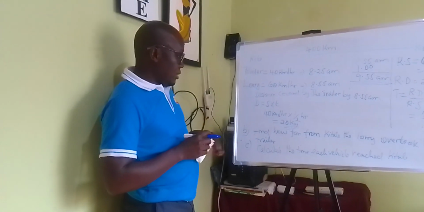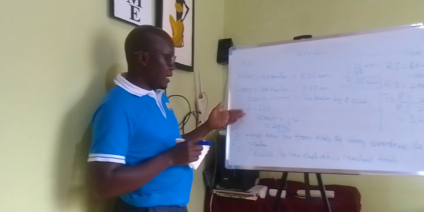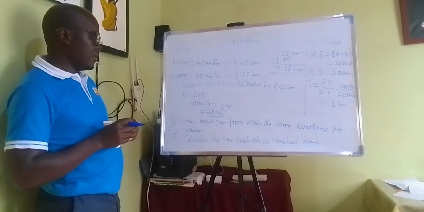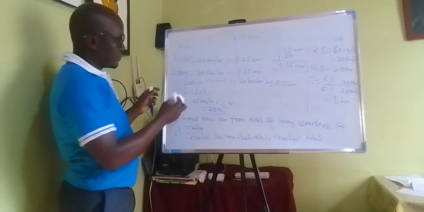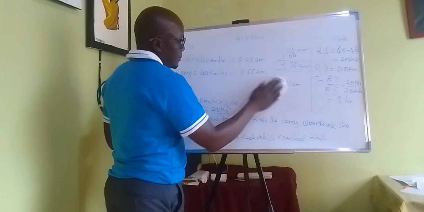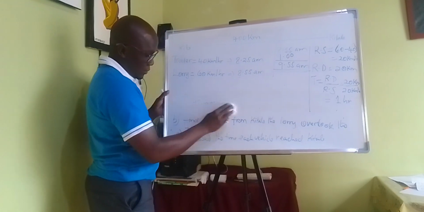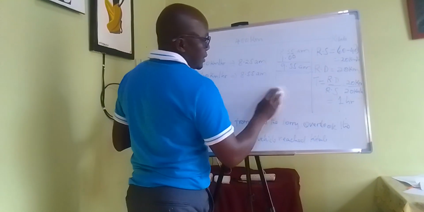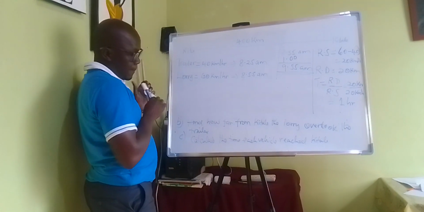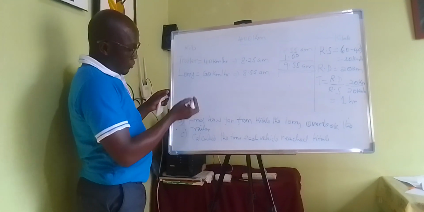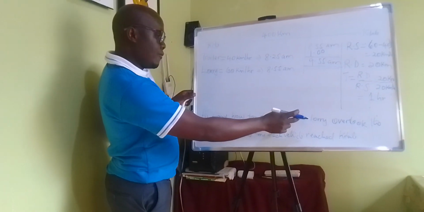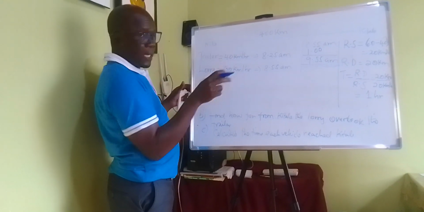Now, having done that, we go to the second part. Find how far from Kitale the lorry overtook the trailer. How do we go about that? What we need is the distance of the lorry from Kitale.